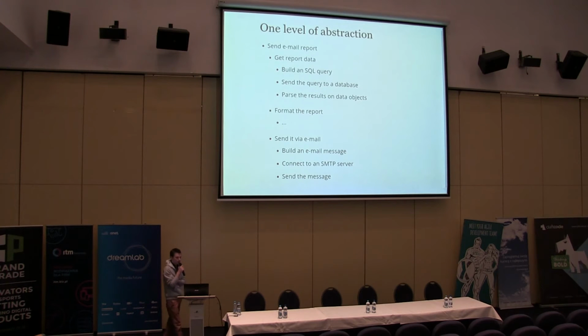Each of these 3 tasks needs to perform several different tasks on an even lower level. To get the report data, we need to build an SQL query, send the query to a database, and parse the results into data objects. To send the email, we need to build an email message, connect to an SMTP server, and send the message.